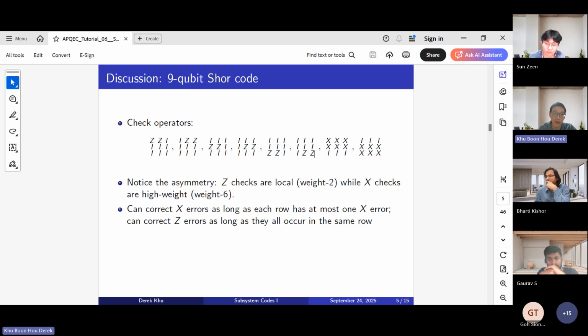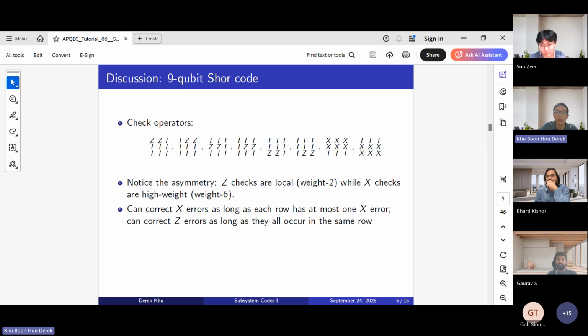But on the other hand, for Z errors, we would only be able to detect them using these two operators, and we could correct the Z errors, but only if they occur on the same row, right? Because if you have two Z errors on the same row, effectively no error has occurred.